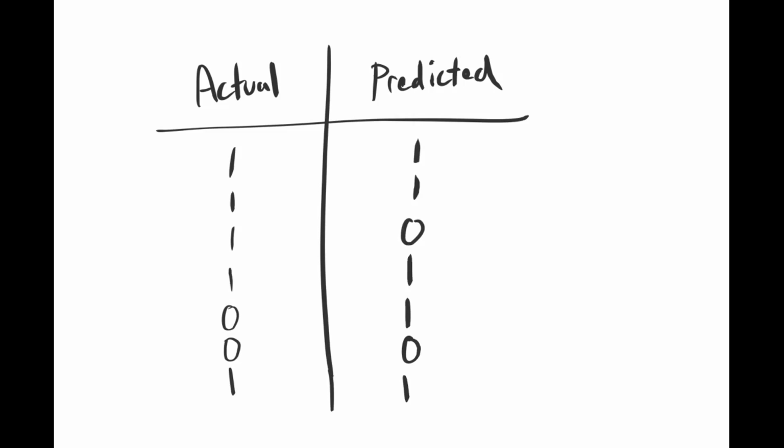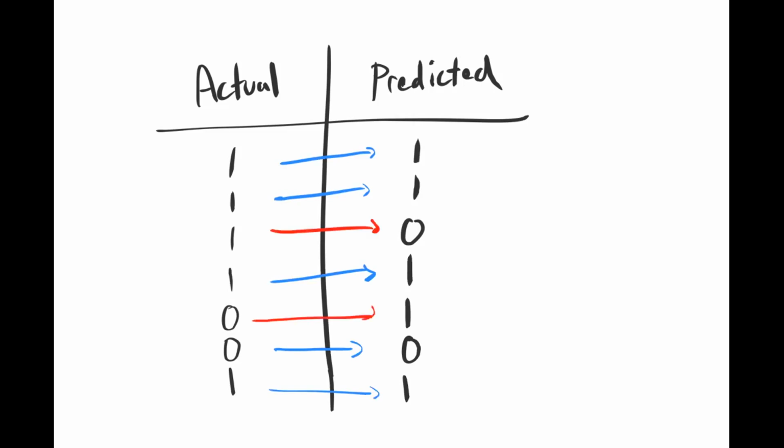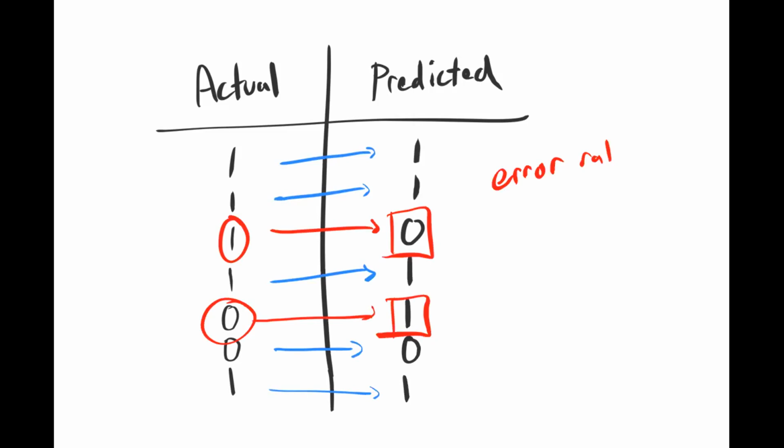These ones are correctly predicted, and then these ones are incorrectly predicted, right? Because this one should be a 1, but it's predicted as a 0. This one should be a 0, but it's predicted as a 1. So the error rate is simply 2 out of 1, 2, 3, 4, 5, 6, 7. 2 out of 7. Does that make sense? Yeah.